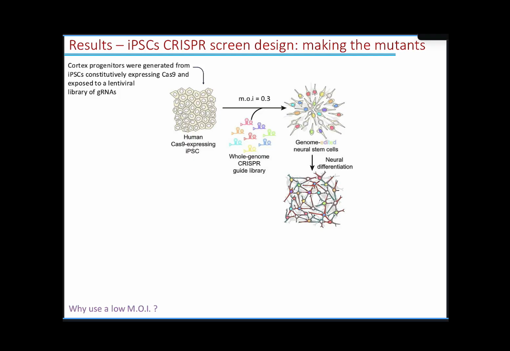So on purpose, the authors are not flooding the cells with viruses. They're expecting 3 out of 10 cells, only 30% of the cells, to be infected, right? And what these viruses are infecting cells with is the guide RNA that will partner up with the Cas9 that these cells already express, such that the Cas9 and the guide RNA duo can go and cut DNA somewhere in the genome.